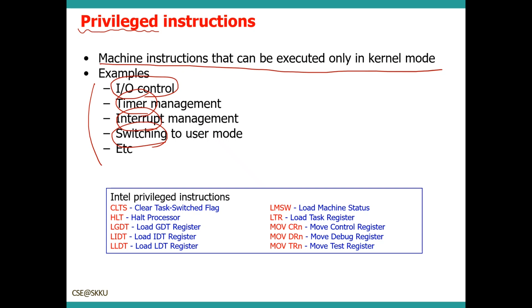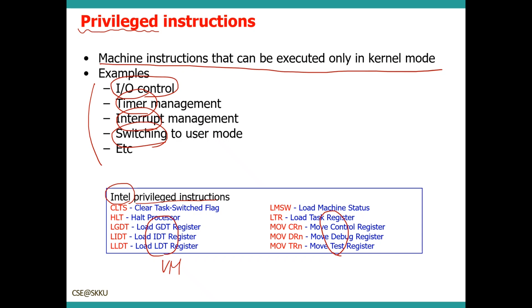So this table shows some examples of Intel privileged instructions. You can see several instructions that access important hardware resources of the system. For example, these registers are related to virtual memory management, and these instructions can access some special control and debug registers.